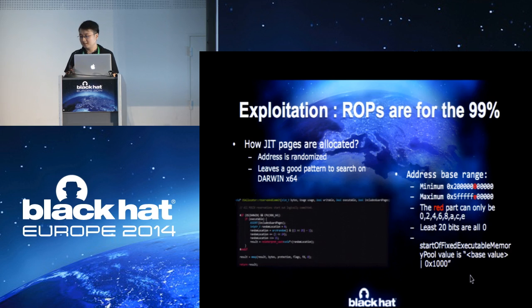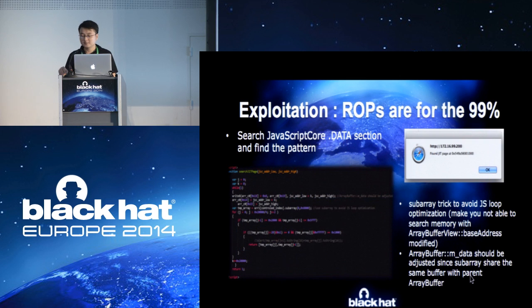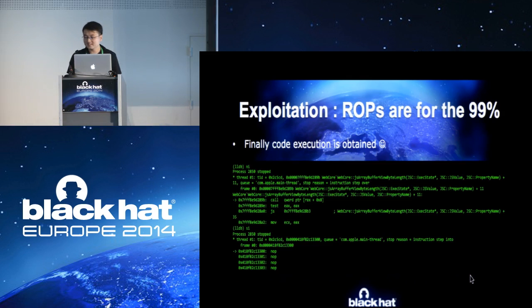And the red part here can only be an even value, which means it can be divided by 2. So with that pattern, we can do a JavaScript search of that memory so that finally we can find that JIT page without any problem. After that, we can get code execution.